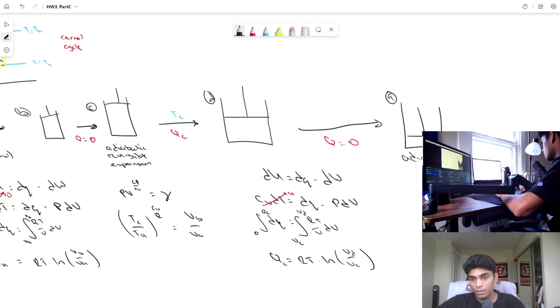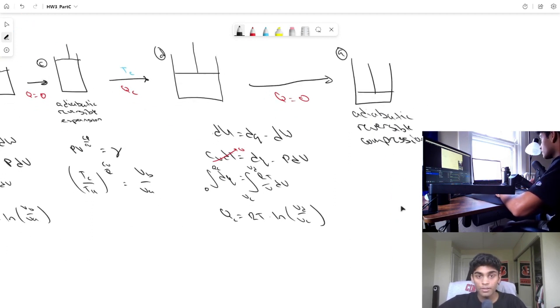Adiabatic reversible compression. And this is going to look very similar to our adiabatic reversible expansion.